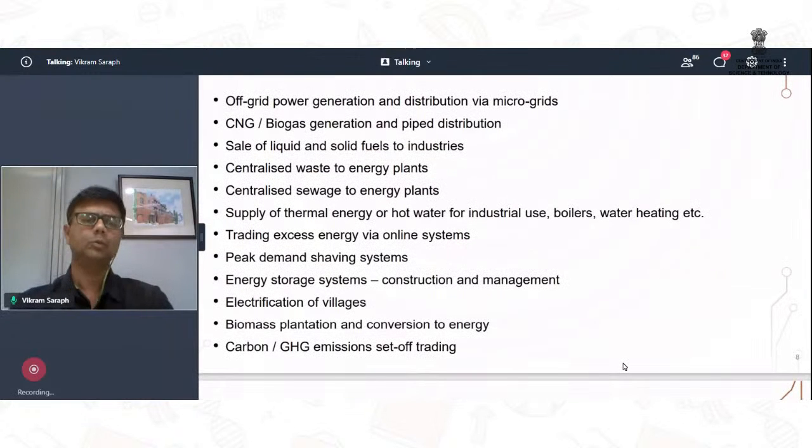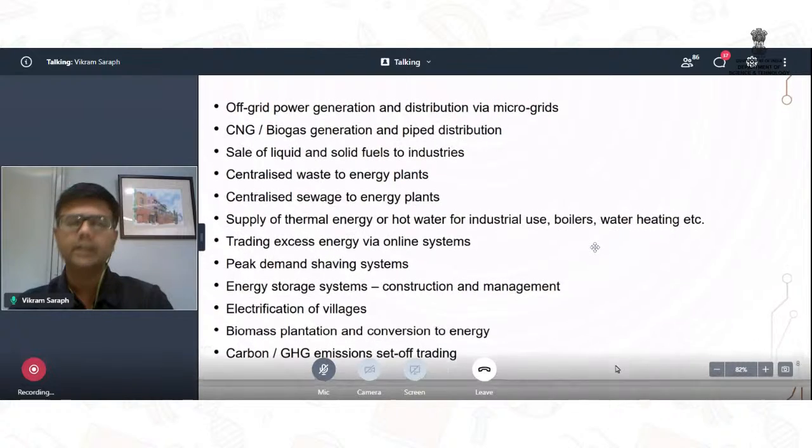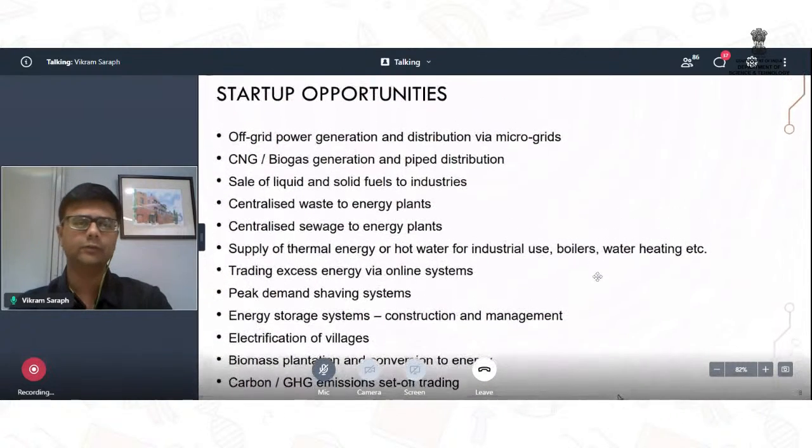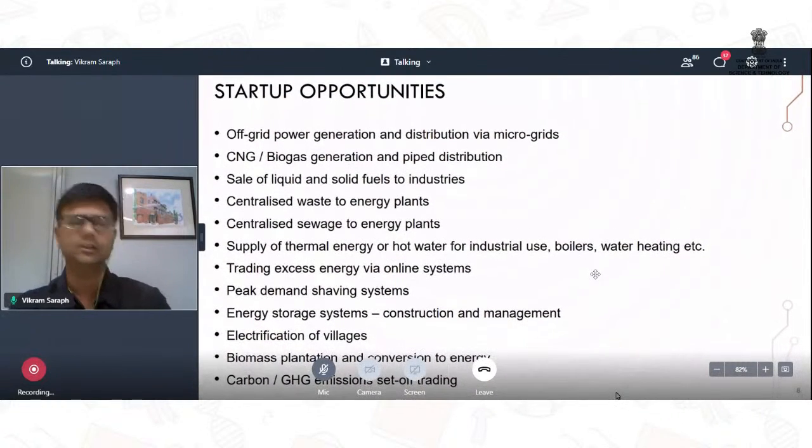So what are the opportunities that we have from all this? One, and the most important, is that we have the opportunity to set up off-grid power stations. Power generation and distribution opportunities are there. Piped natural gas and biogas throughout villages and in the vicinities. The sale of the liquid fuels that we are creating, the biodiesel or the diesel from agricultural waste.